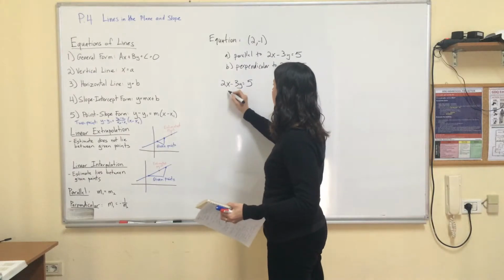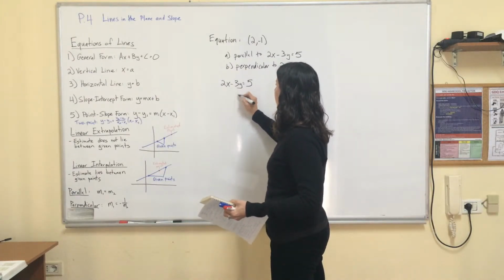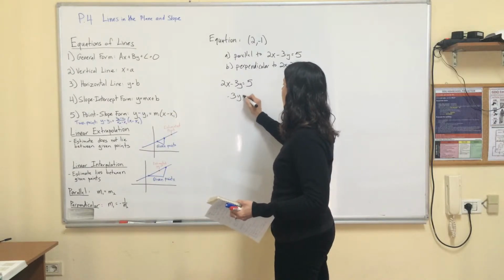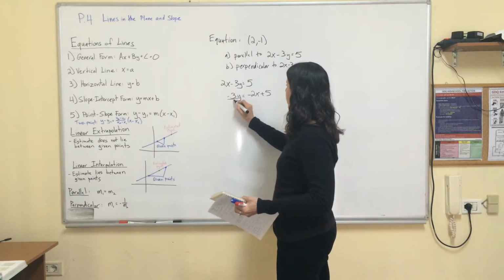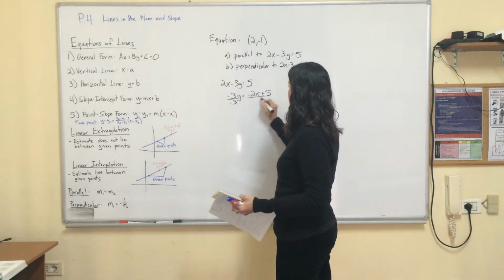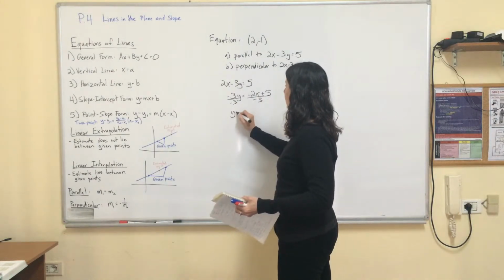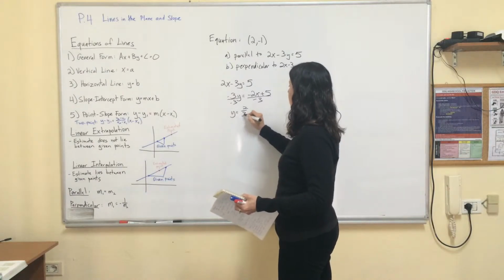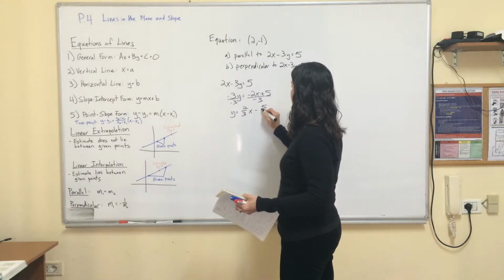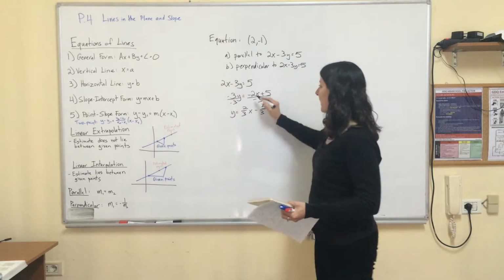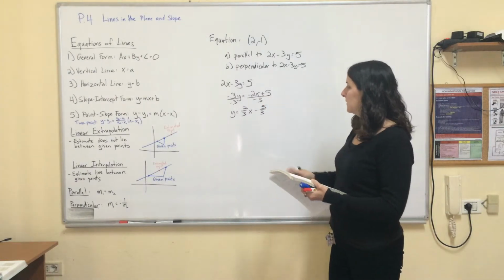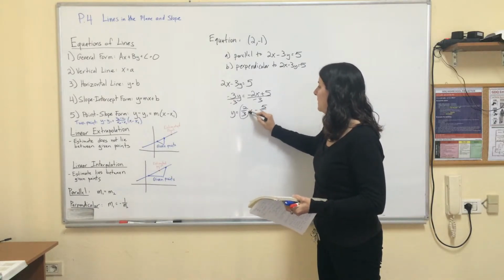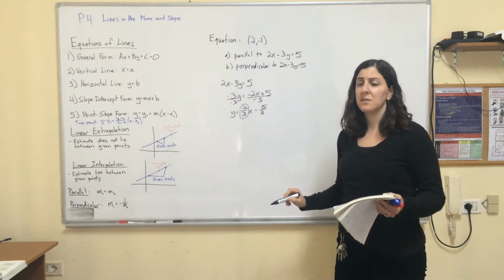So we subtract 2x, so we have negative 3y equals negative 2x plus 5. Divide by negative 3, and we have y equals 2/3 x minus 5/3. That's going to be my slope, so I know that m in this case is equal to 2/3.